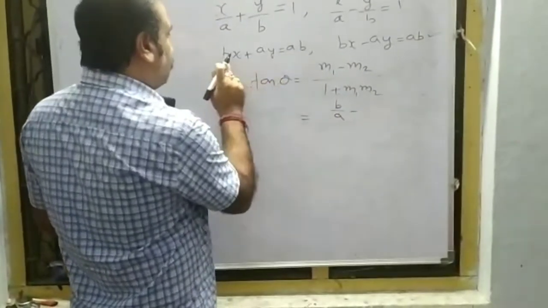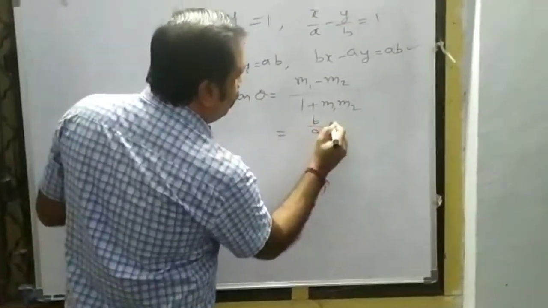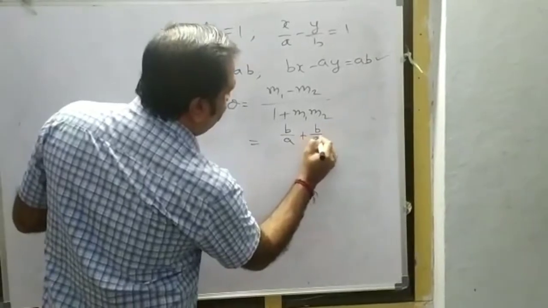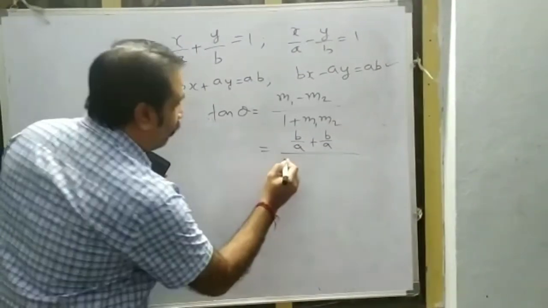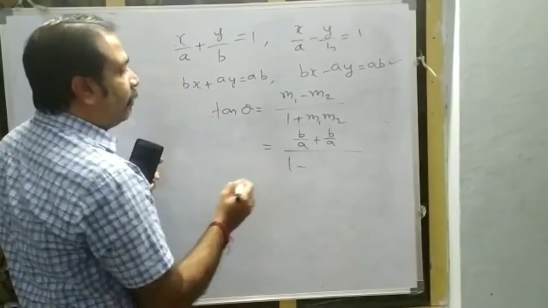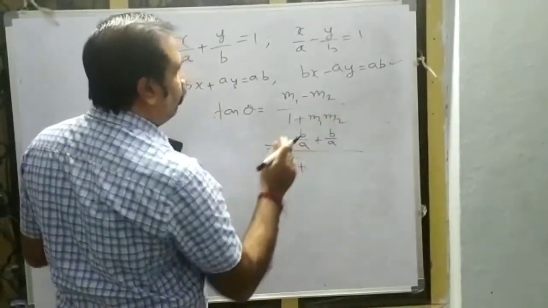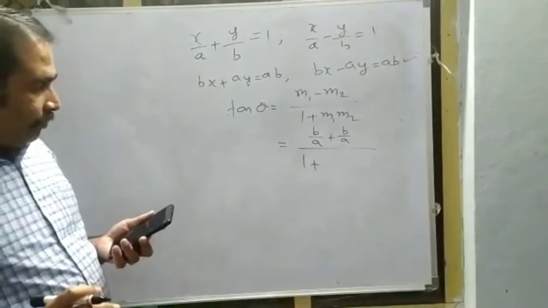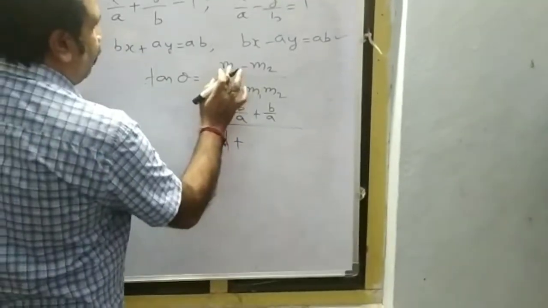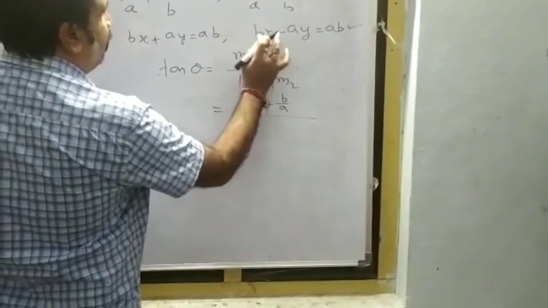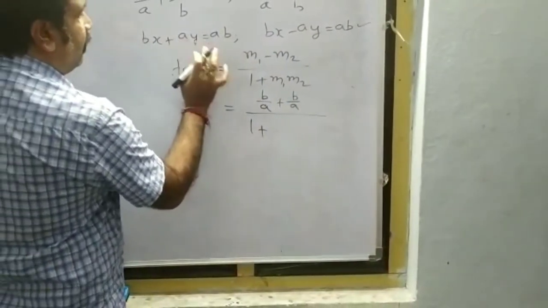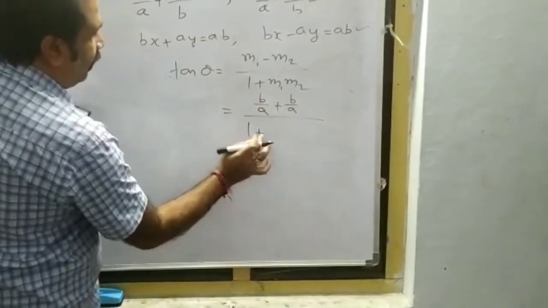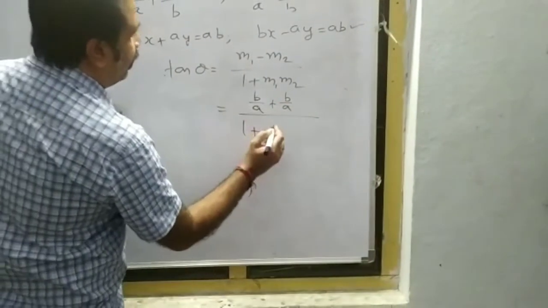What is the slope of this line? Minus b by a. Minus into minus becomes plus only. m1 minus m2: m1 is b by a, minus m2 means minus of minus b by a, that becomes plus b by a, divided by 1 plus m1 into m2.